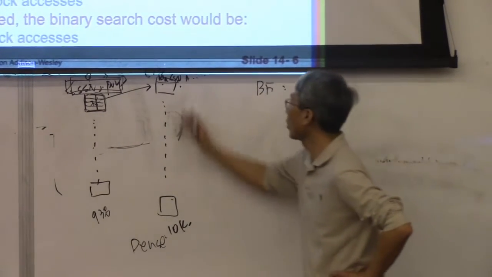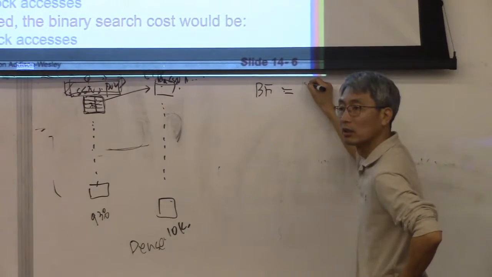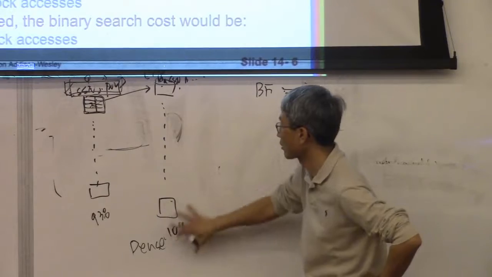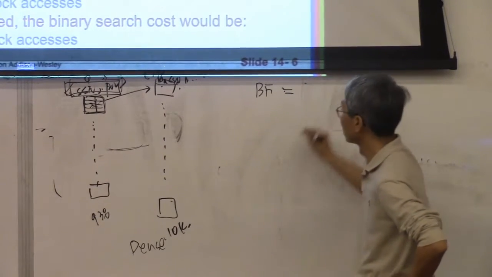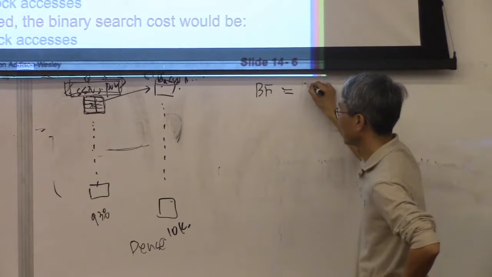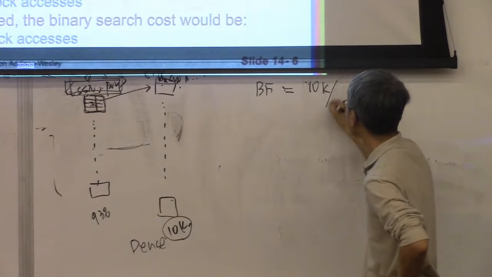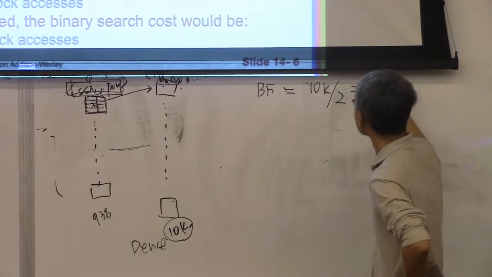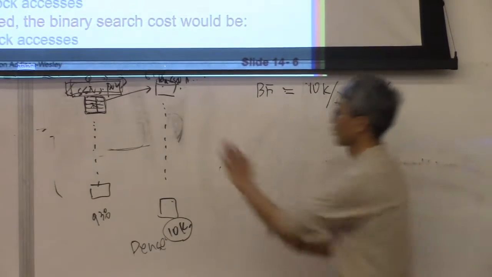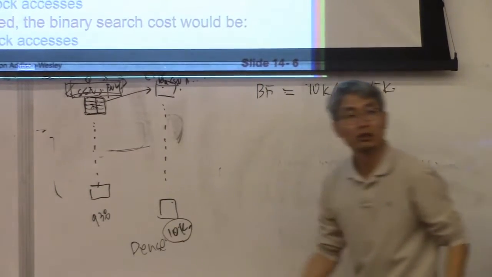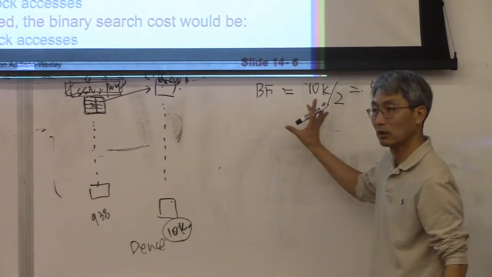Without using the index, how many blocks do you need to search the specific data? 10K divided by 2, so 5K. 5,000 blocks on average. Get it?